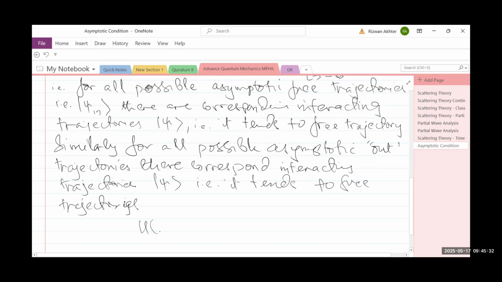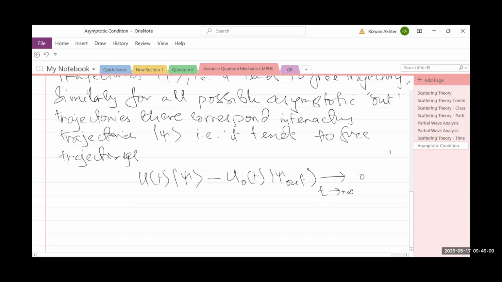U of t psi minus U naught of t psi out tending towards 0 as t tends to plus infinity. So this is in fact the condition. अब हम इसका proof करेंगे.